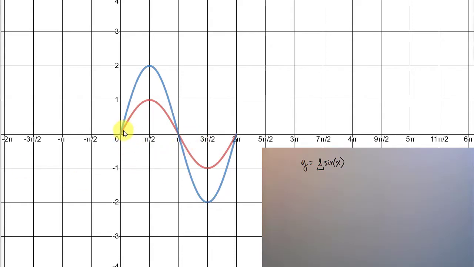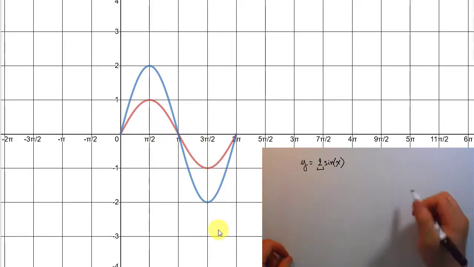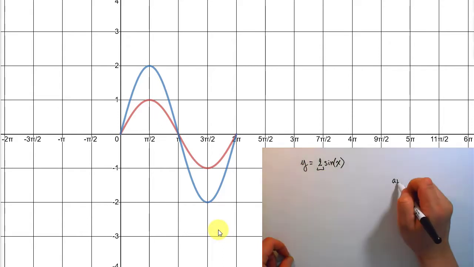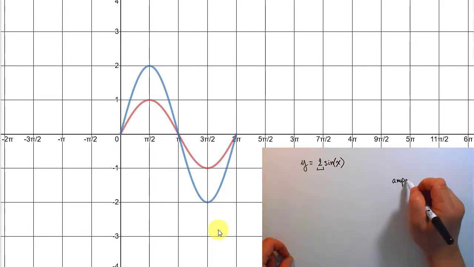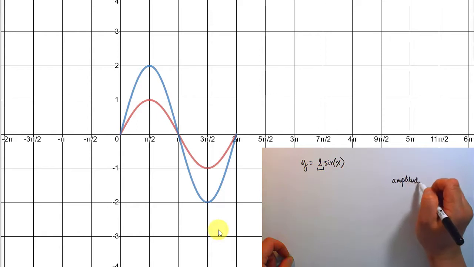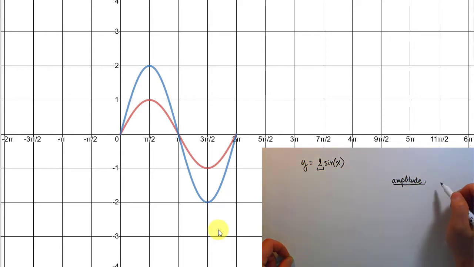So fundamentally, it still carries that same exact shape. There's a wave going up first, then it crosses through the x-axis, a wave down, and then comes back to the center line. And there's still that center line here. As far as the basic information, it looks like the amplitude, the height of the wave, is twice as high.